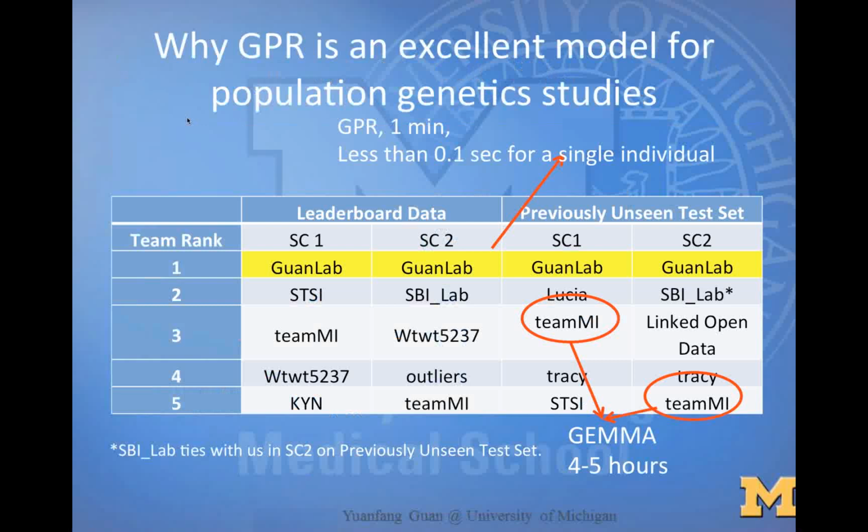As expected, it performs exceptionally well in the RA challenge, but this GPR model was able to beat GEMMA in both sub-challenges. Additionally, GEMMA's training time is 4 to 5 hours on the RA challenge dataset, around 1,000 training points and 600 testing points. GPR's prediction time is 1 minute for 600 patients, or less than 0.1 second per patient, making it an exceptional candidate to be used in real-time clinical settings.